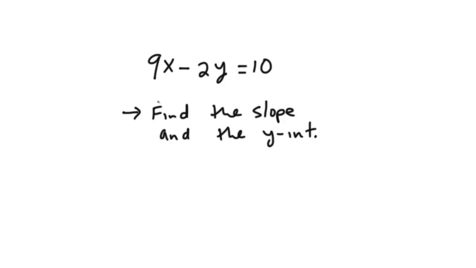So the first step is to put this in the slope-intercept form, which is y equals mx plus b. So in order to do that, we will look at the equation and we want to solve for y, get y by itself. So I would, in this case, subtract 9x from both sides.